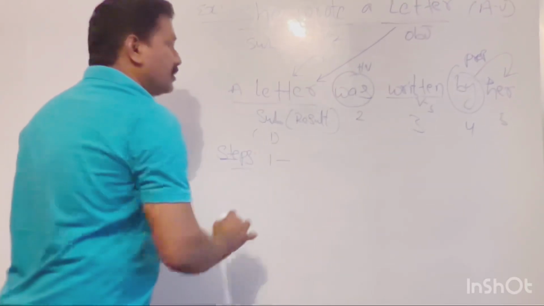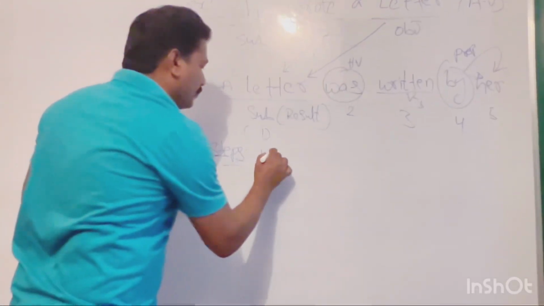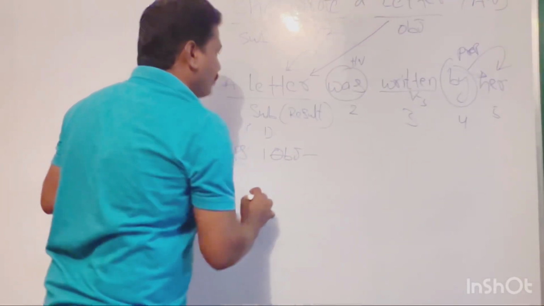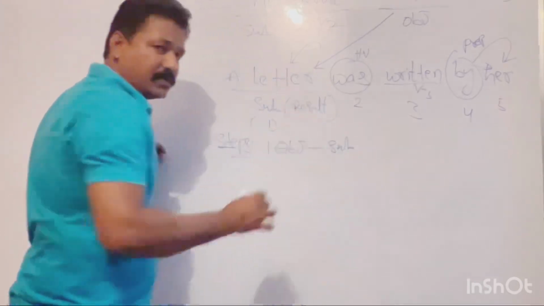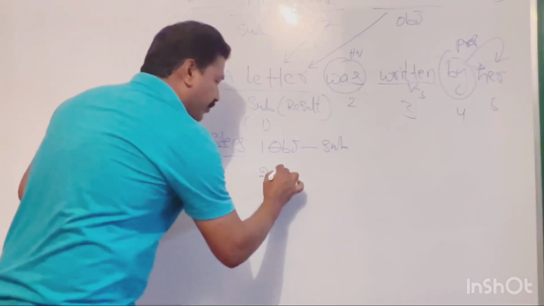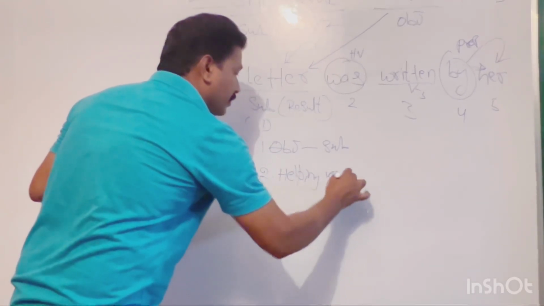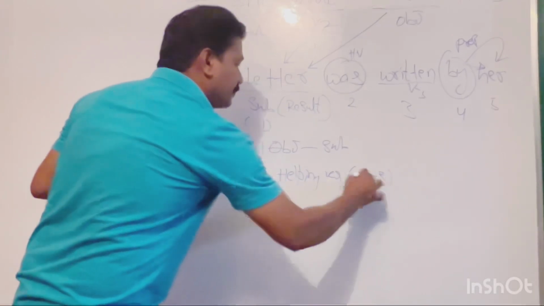The first step is the object in the active voice became the subject in the passive voice. Whereas the second step is the helping verb, which is nothing but was here.